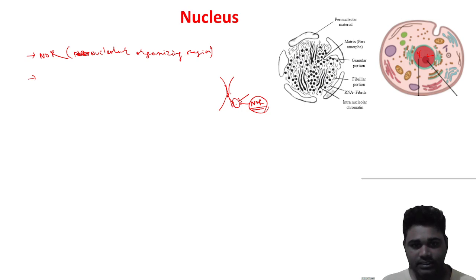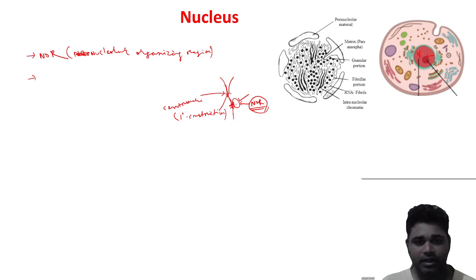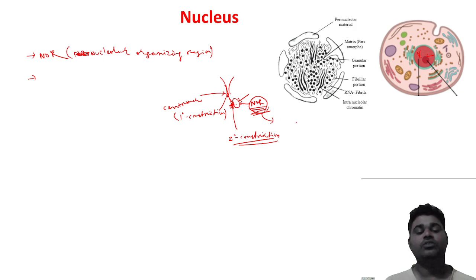This part is called the centromere, or also the primary constriction. Around this other part, it is called the secondary constriction. So the nucleolar organizing region is simply the secondary constriction, and the nucleolus is formed around particular chromosomes, not just one, normally around 1 to 6 chromosomes.